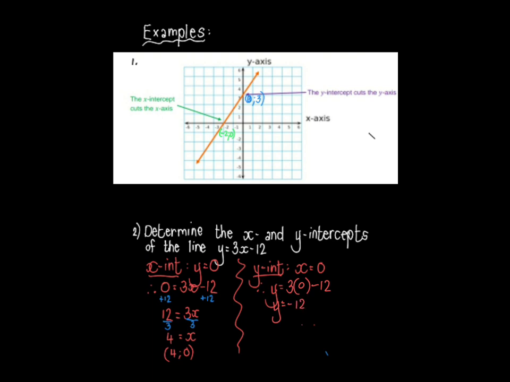So the y value of the y-intercept is negative 12, but we've got to write it as a coordinate. So it would be (0, -12). Okay, and that's all there is to it. That's all they're basically asking of you.